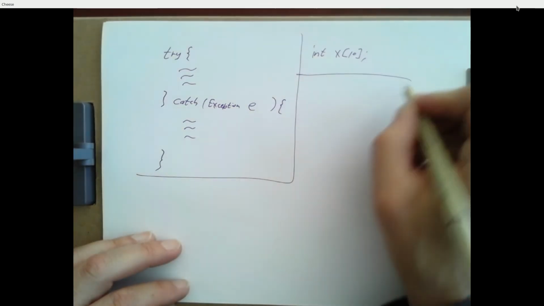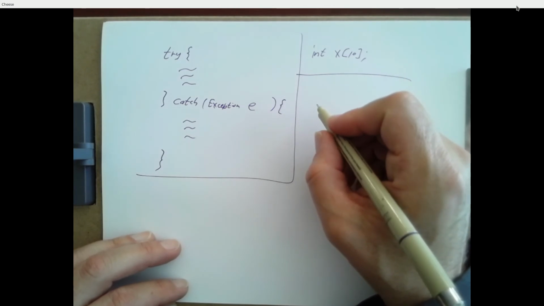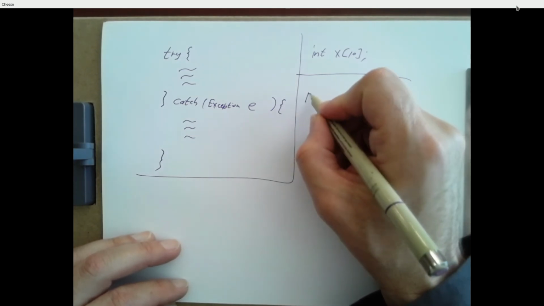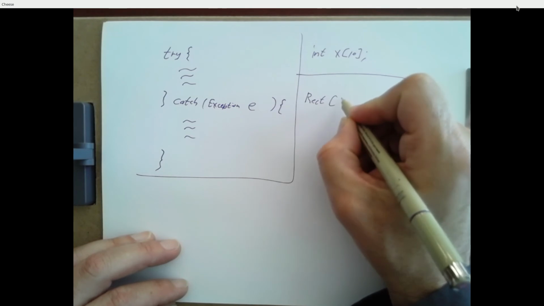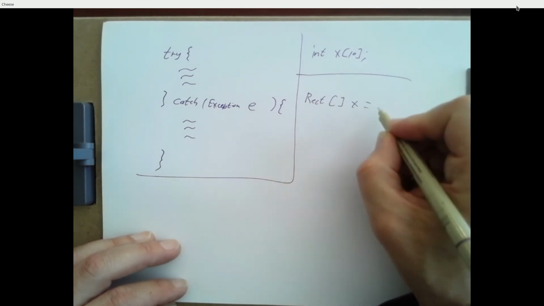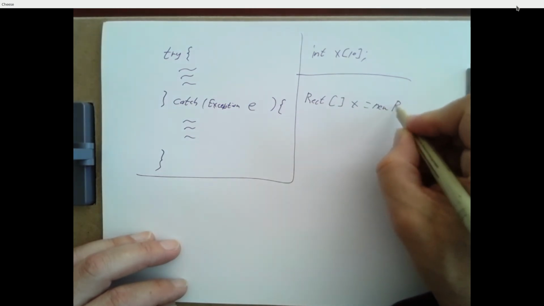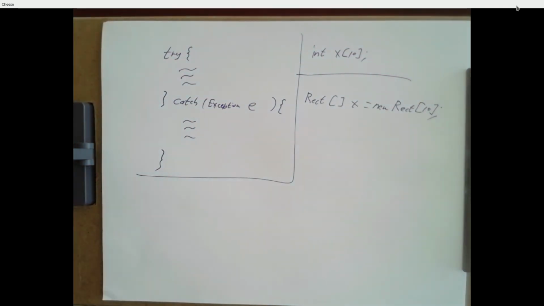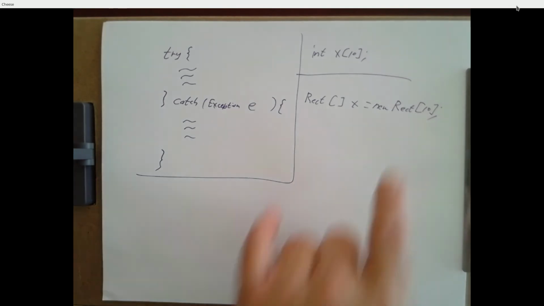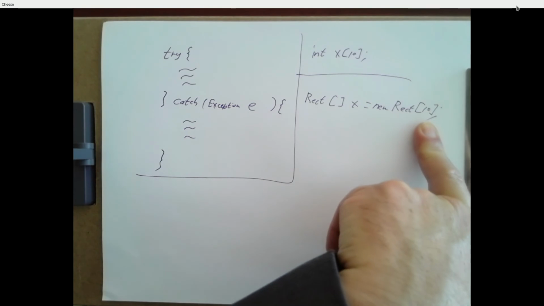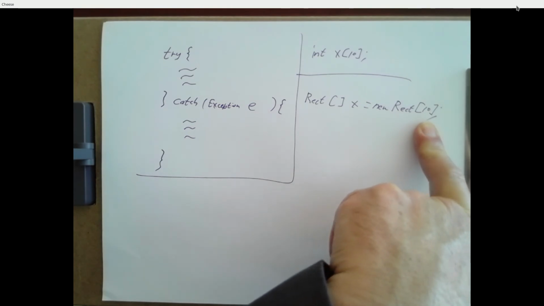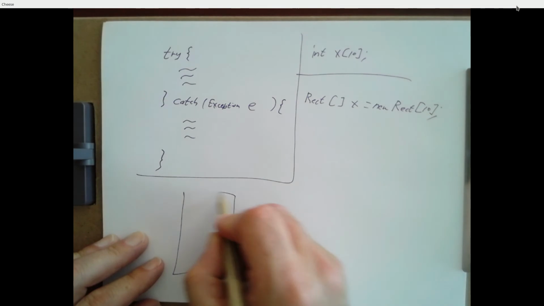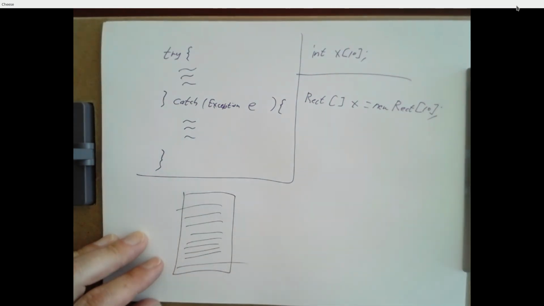In general, if we wanted something like an array of rectangles, we need to do the following. Rect[] x says x is going to be an array of rectangles, equals new Rect[10], which says I want an array of 10 rectangles. This is basically setting up a storage area that can hold 10 rectangles.